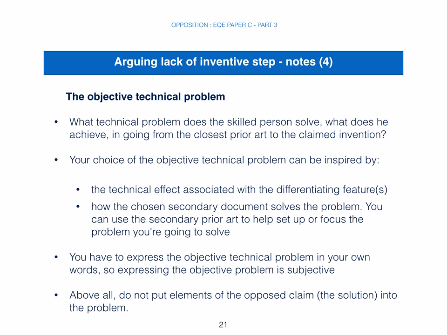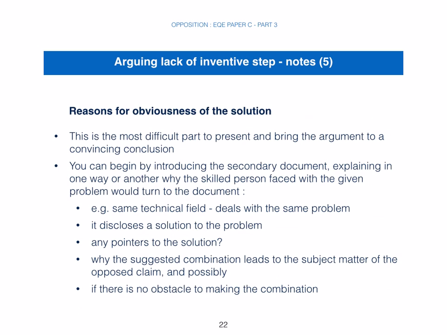Next, we turn to some notes on the reasons for obviousness. This is the part of the argument that carries the greatest credit, and it is also the part of the argument where many candidates lose marks. It is the most difficult part to present and to bring the argument to a convincing conclusion.